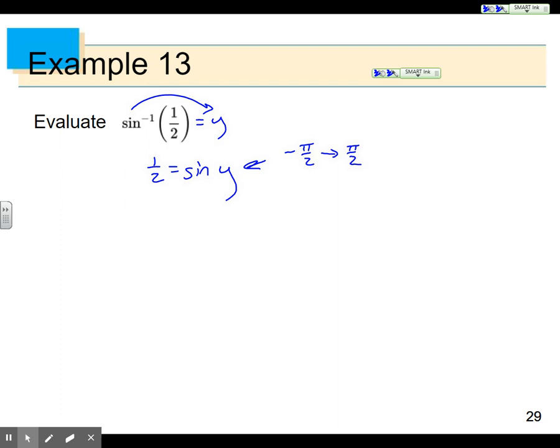And so the only angle that I can take sine of that is between negative pi over 2 and pi over 2 and get the answer to be 1/2 would be pi over 6, 30 degrees. And that value came right off our sine, cosine, tangent table that we made last year.